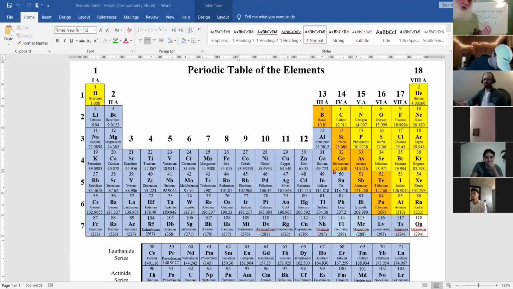Main group elements are the S and P block. If you want, I can email you these colored periodic table versions, especially for those of you without a textbook.